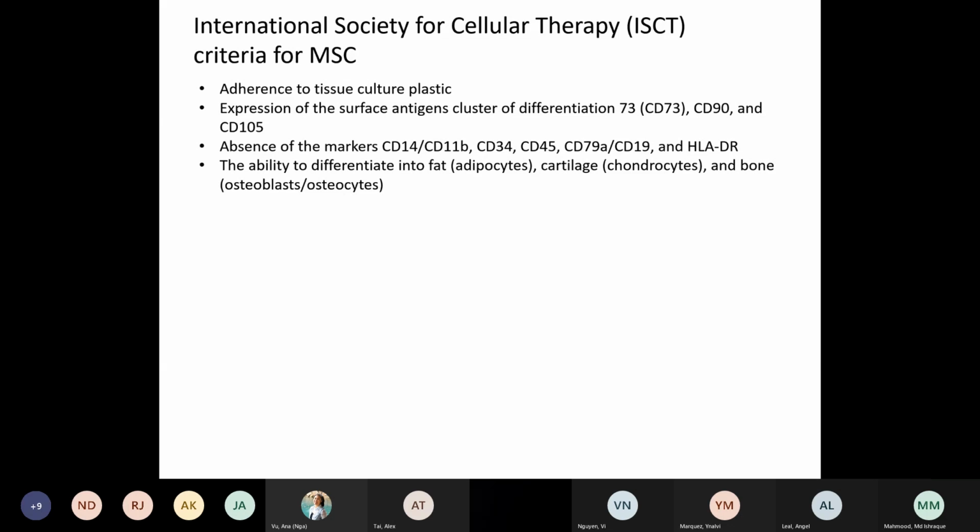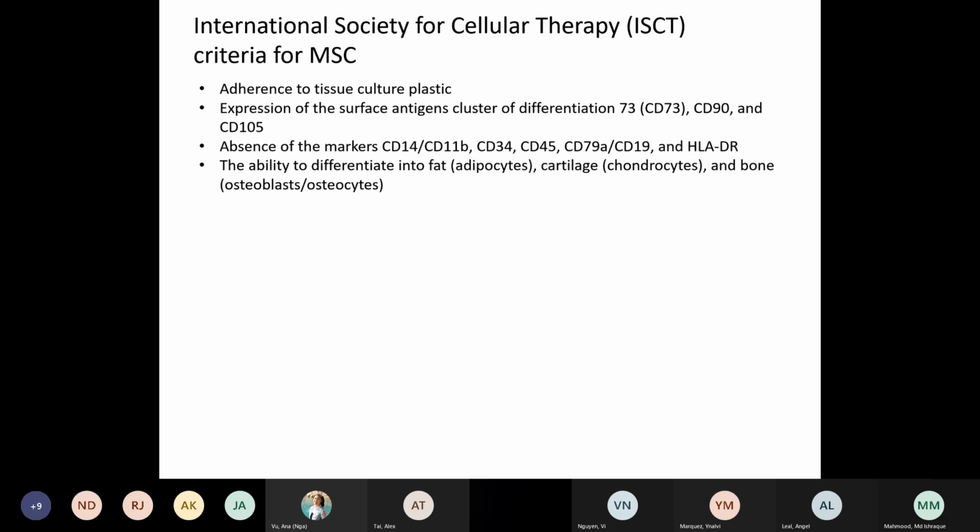And then the fourth criterion is the ability to differentiate into three cell types: adipocyte, chondrocyte, and osteoblast, or osteocytes. So basically, mesenchymal stem cells, as was described at the very beginning, must be able to differentiate into three cell types that belong to three tissues: fat, cartilage, and bone.